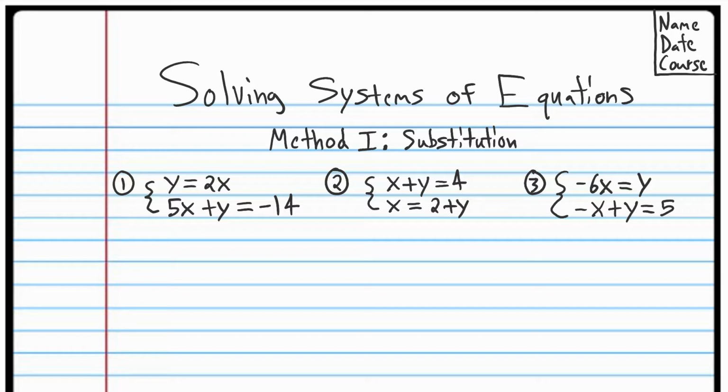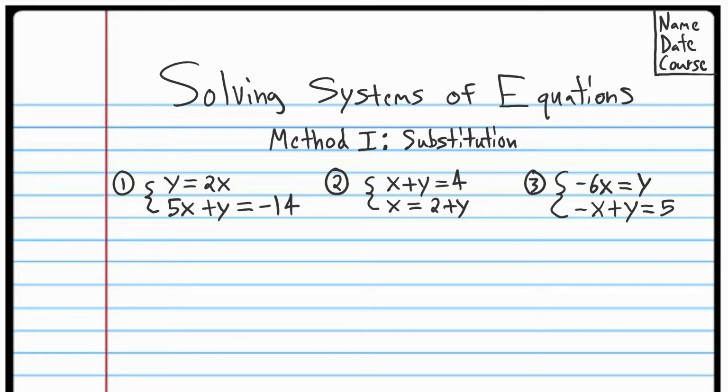Furthermore, you can see that in these systems, there's actually two variables. For example, in this first system, we have y and we have x. Now, if we had one equation with two variables, we probably would not be able to find what the variables are, but because we have two equations, we can figure out what x and y are.